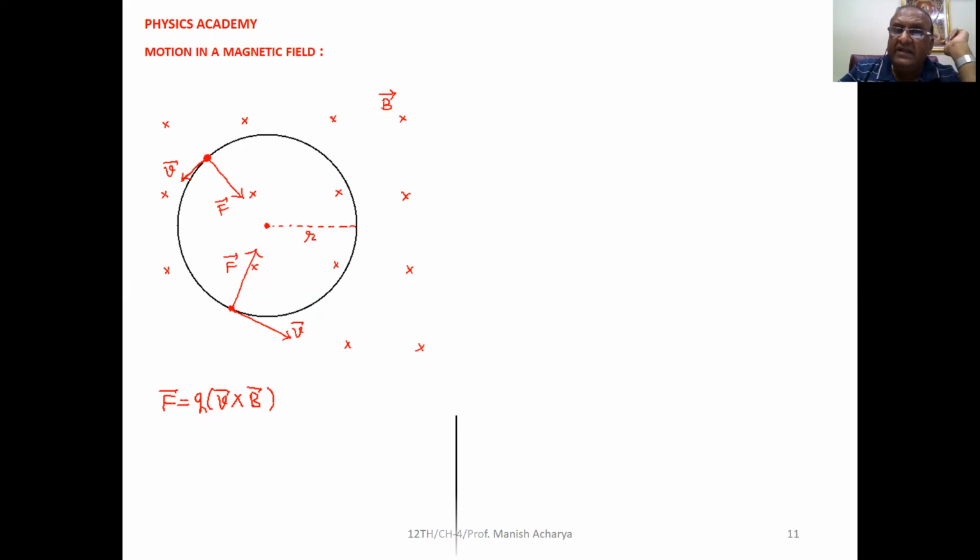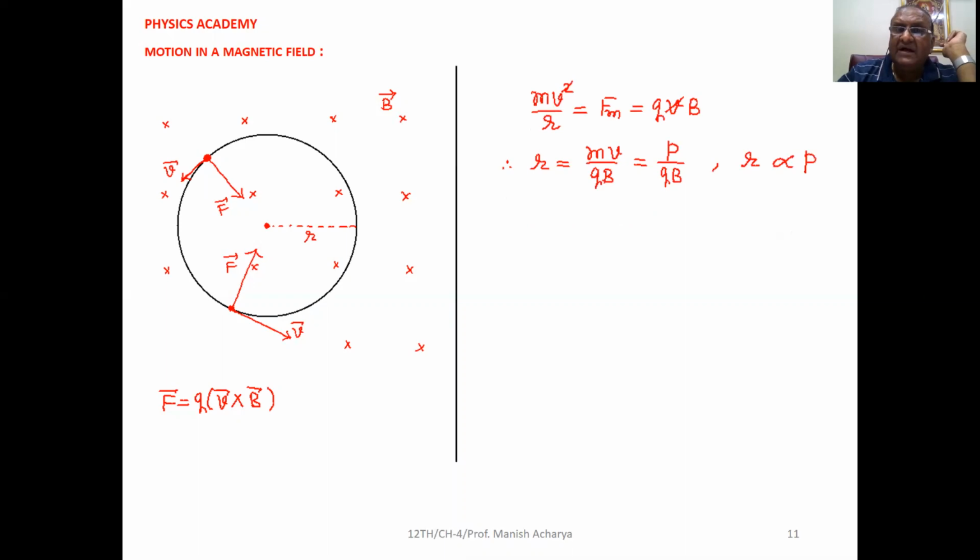Now, for any particle having mass m moving with speed v on a circular path having radius r, the required centripetal force is mv square upon r. And this required centripetal force will be provided by the magnetic force. So magnitude wise, this magnetic force is qvB sin theta.